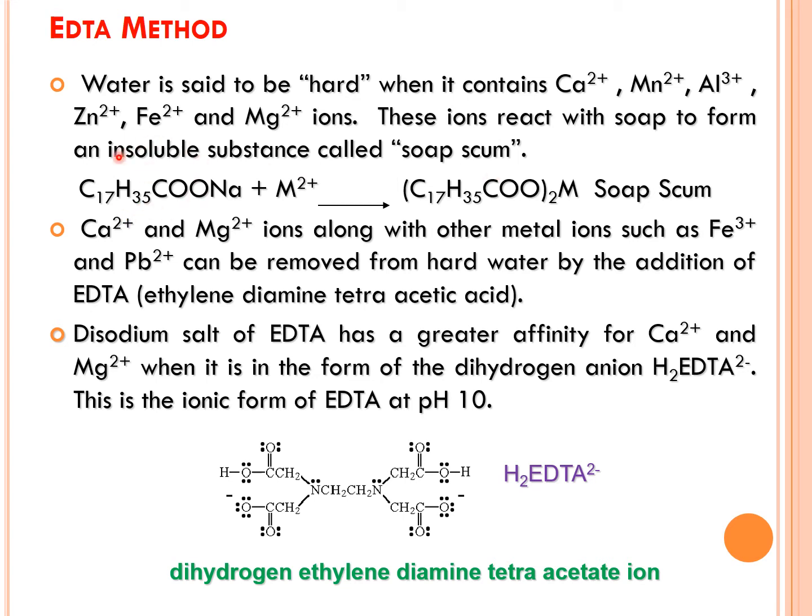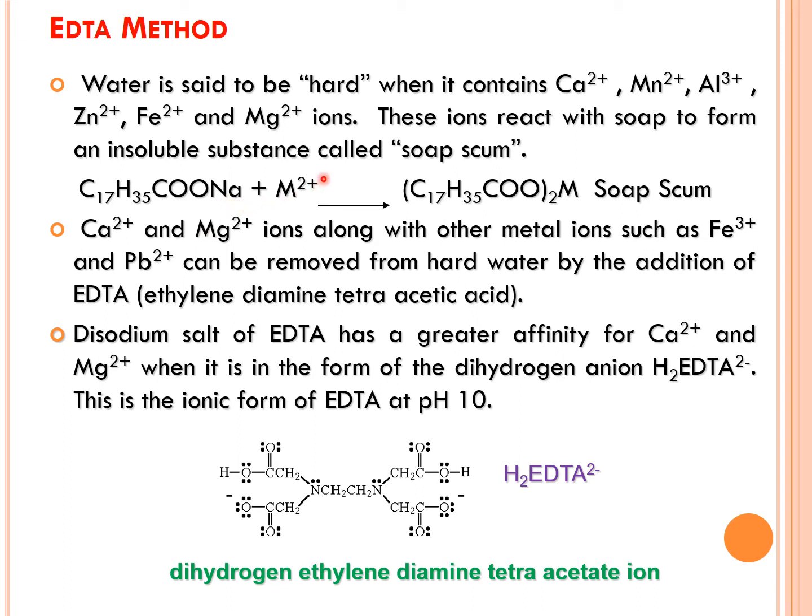So this is the soap solution, higher fatty acid salts. This is sodium stearate, a very cheap soap, and the best quality is when we use potassium stearate. That will be very soft, but from the economical point of view, potassium salt based soaps are very costly.